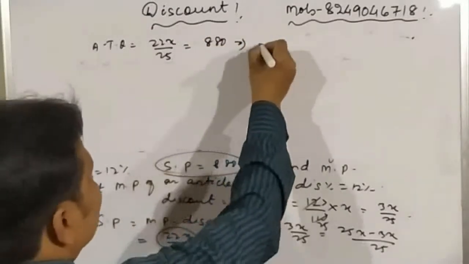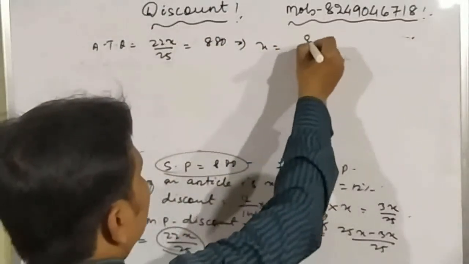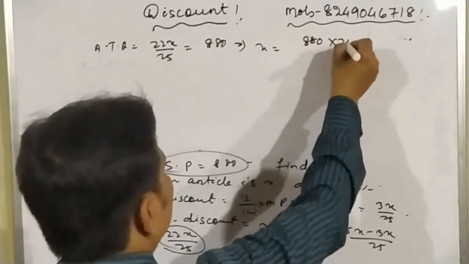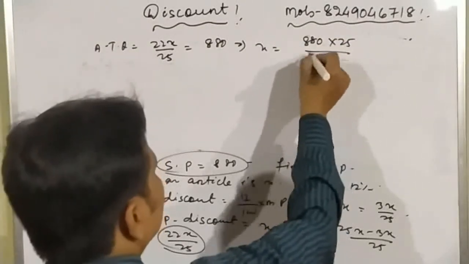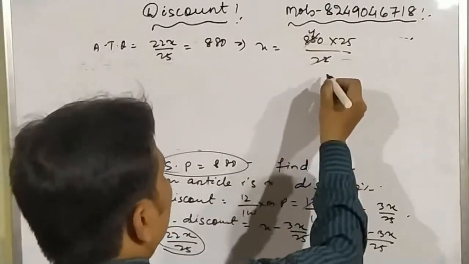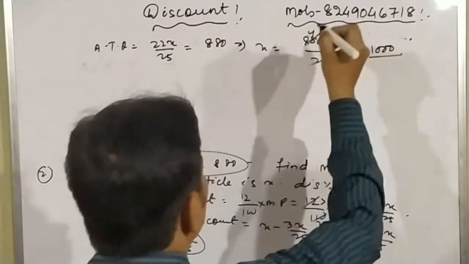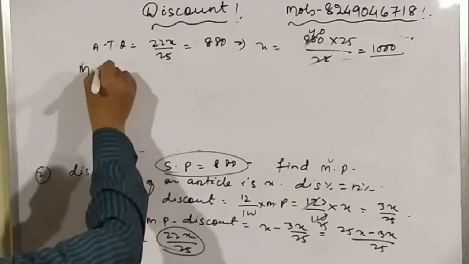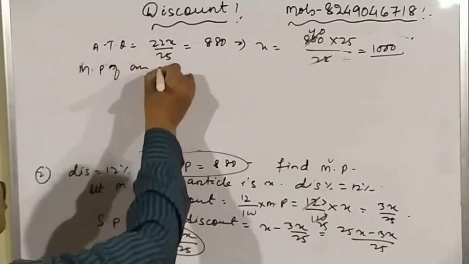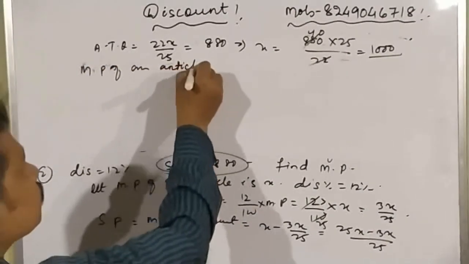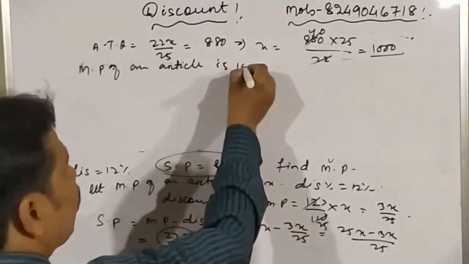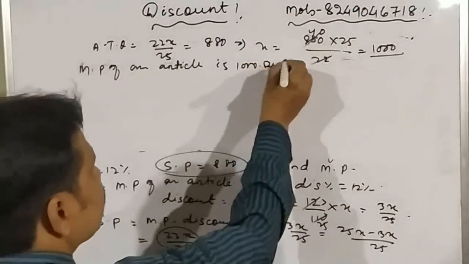So this implies that x is equal to how much? 880 into 25 by 22. So this is 22 into 840. The result is 1000. Hence, the mark price of an article is 1000 rupees. Okay, student.